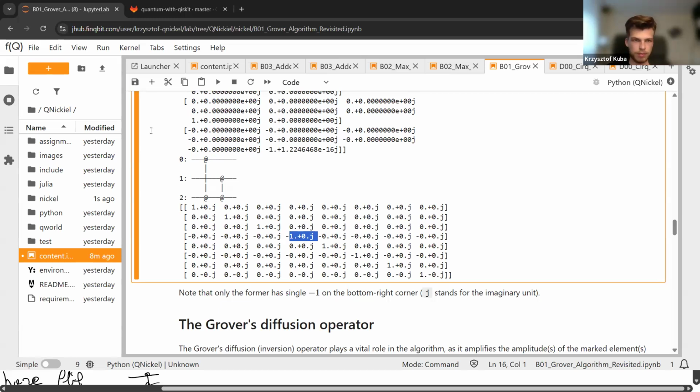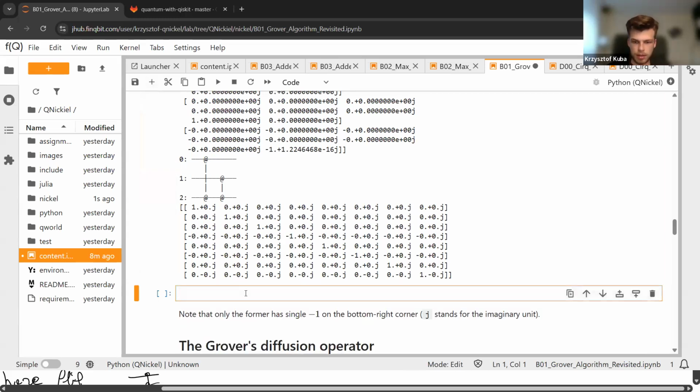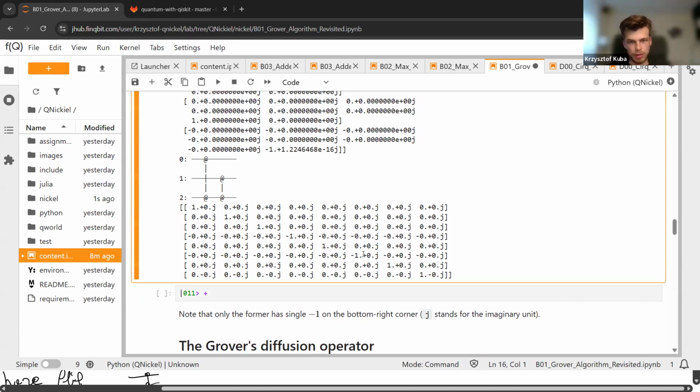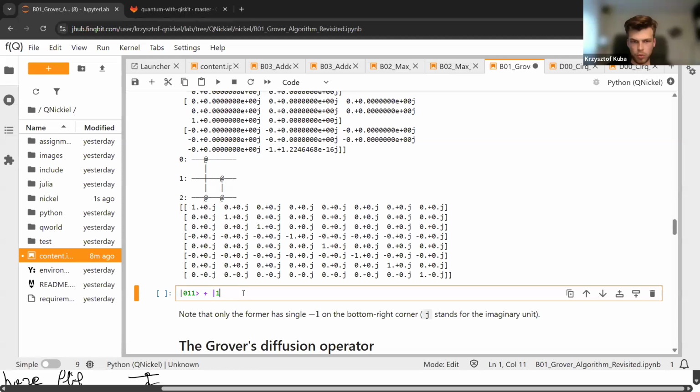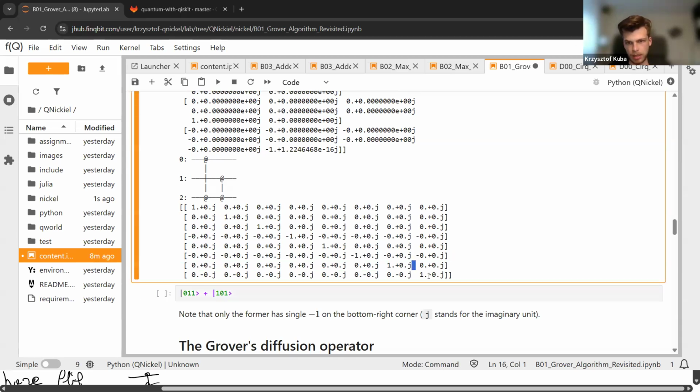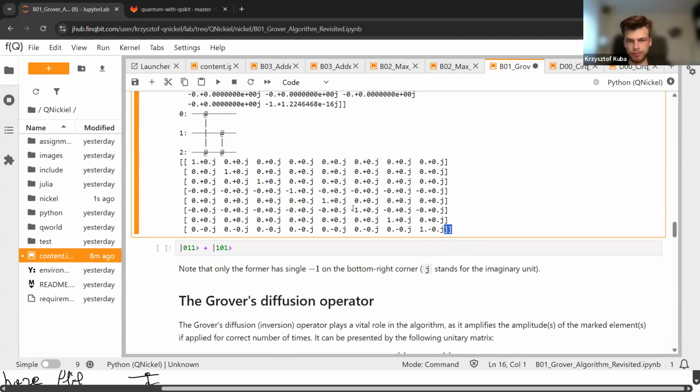This is state 0, 1, 1, plus the state 1, 0, 1. And then everything remains unchanged.